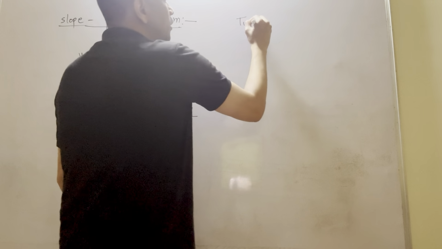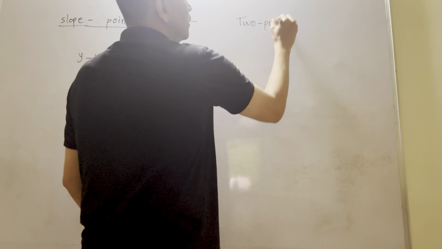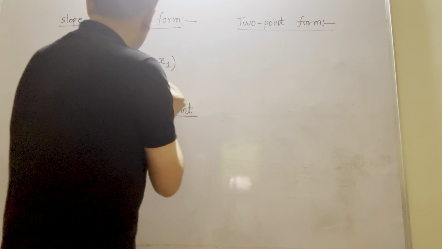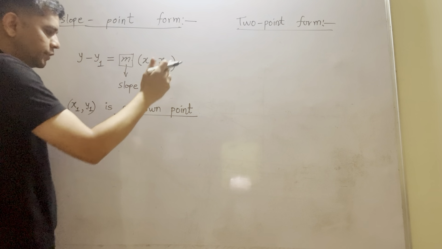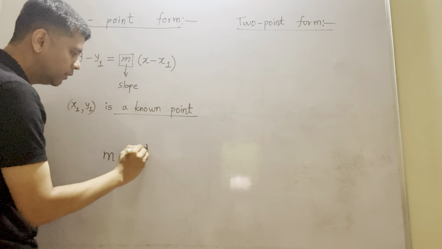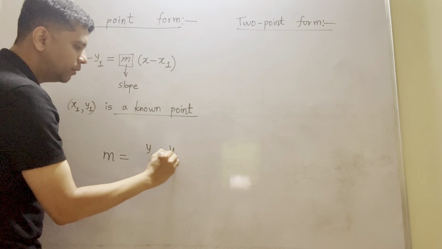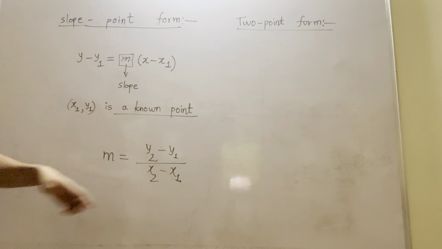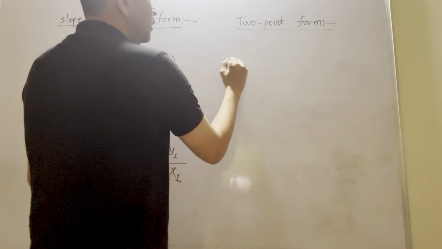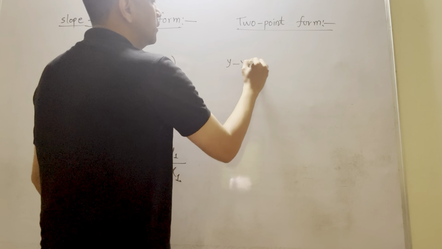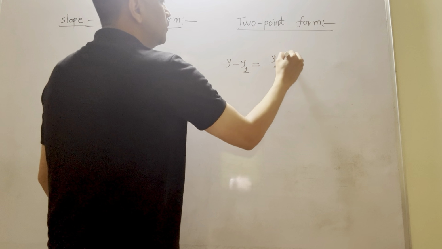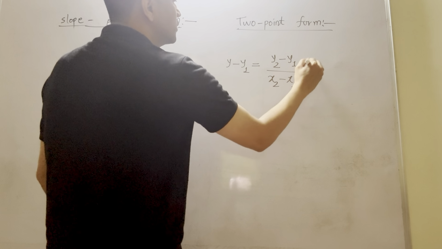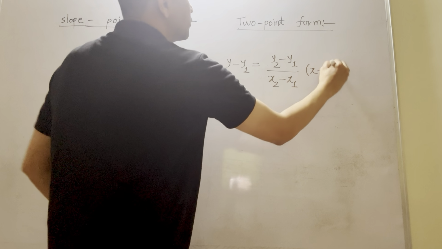Then the next one is 2-point form. So basically, 2-point form is just, you can say, a special case of slope point form, because they replace m by its formula, right? We have seen the formula for slope was y2 minus y1 upon x2 minus x1. So they just substitute for m there. So you will get y minus y1 is equal to y2 minus y1 upon x2 minus x1 times x minus x1.